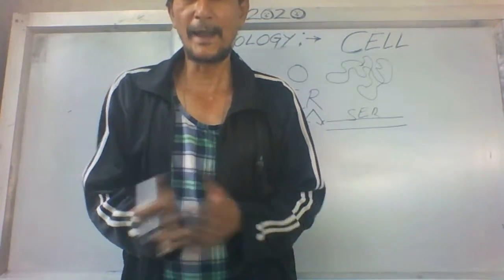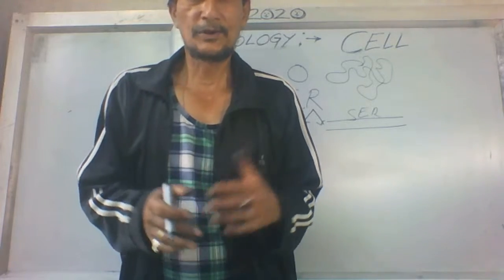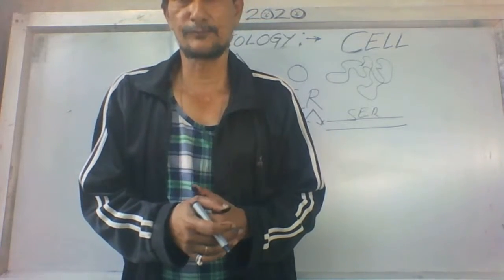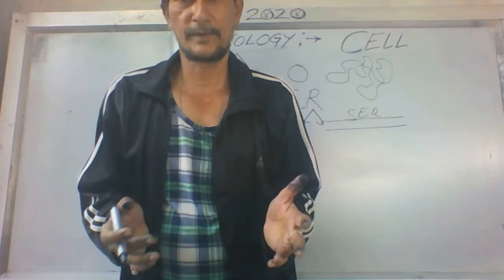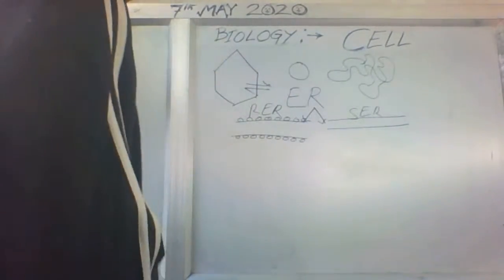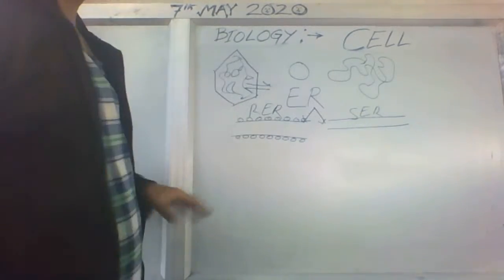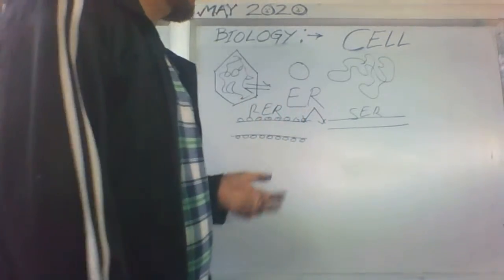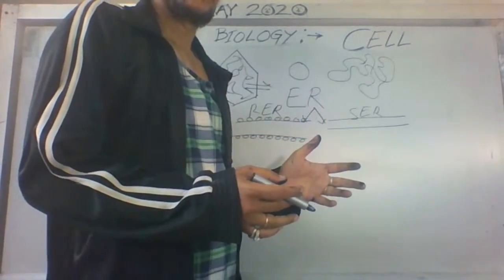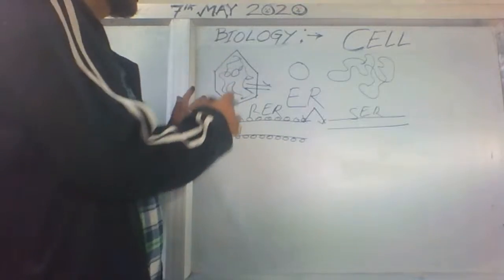Although the endoplasmic reticulum varies greatly in appearance in different cells, it always forms a network system. This endoplasmic reticulum is found everywhere in the cell. This gives strength, a kind of chassis. So this gives strength to the cell.